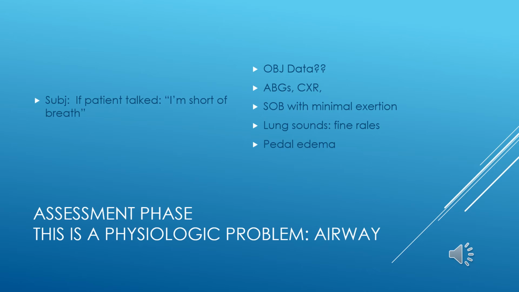Now we have a list of NANDA, North American Nursing Diagnoses, that our program uses, and those are loaded up on Canvas as well. It's just a long list of nursing diagnoses that our students use and that are commonly found in nursing care plan books.